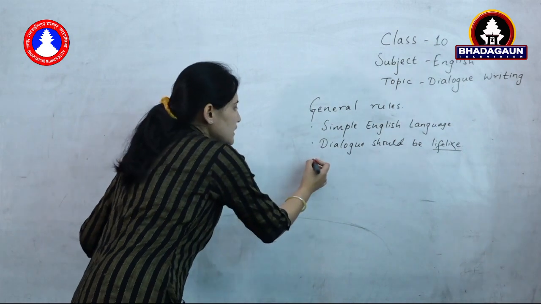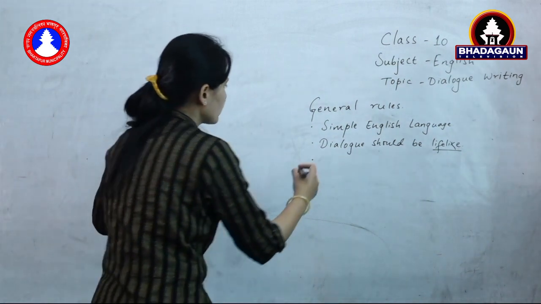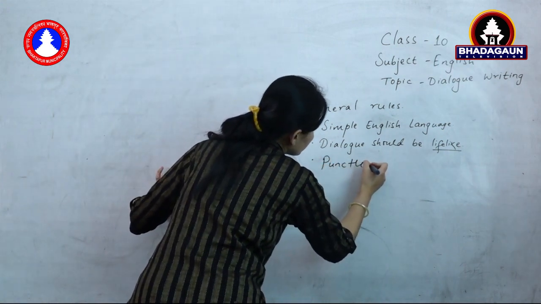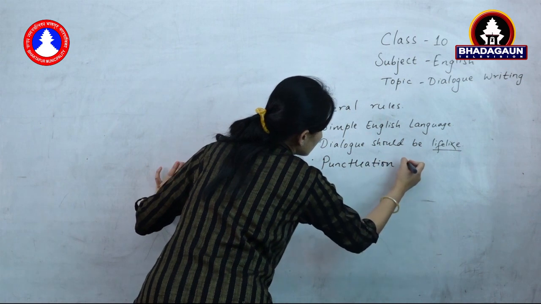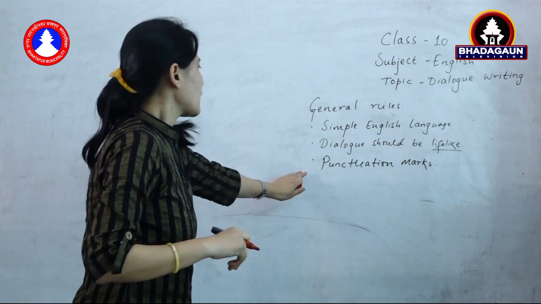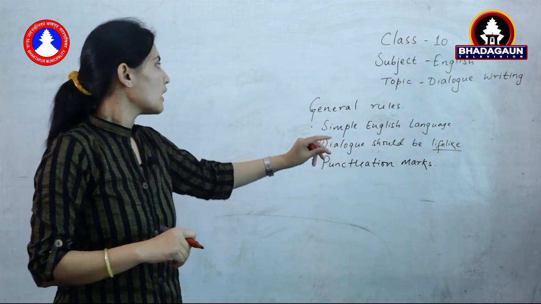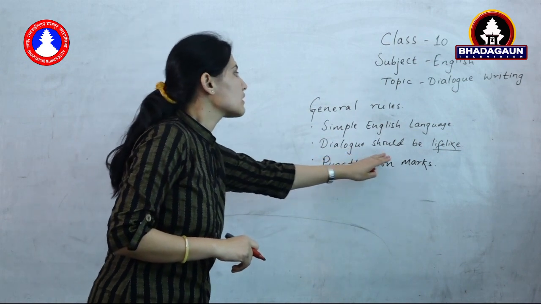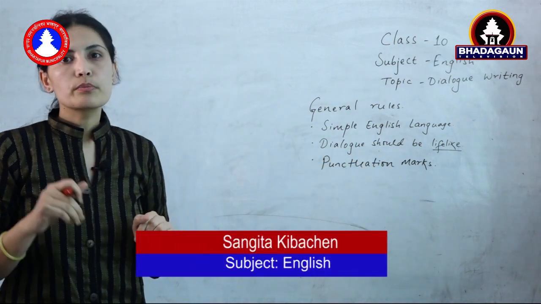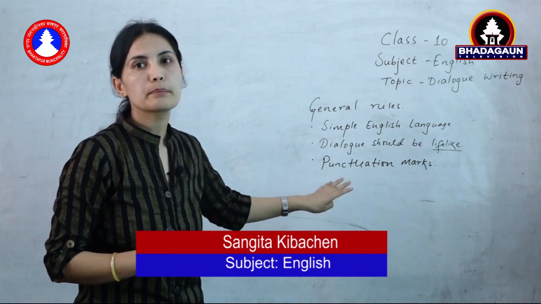Right, next is punctuation marks. Punctuation marks have a great role in our dialogue writing. Simple English language and lifelike dialogues make the content better, but to polish our writing and make it perfect, you must focus on punctuation marks.